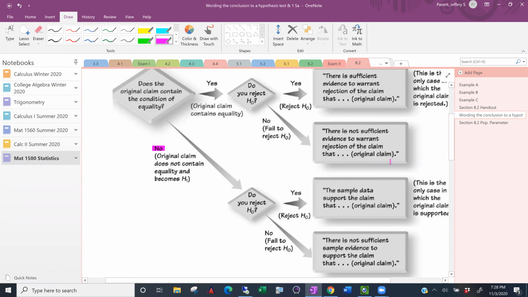So there is not sufficient evidence to warrant rejection of the claim.